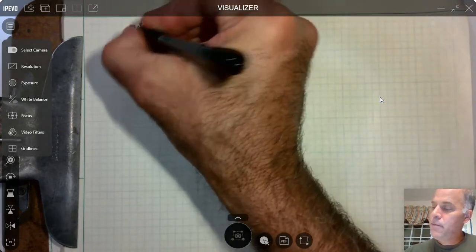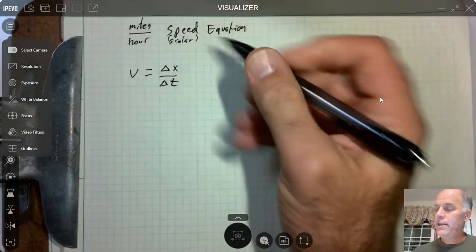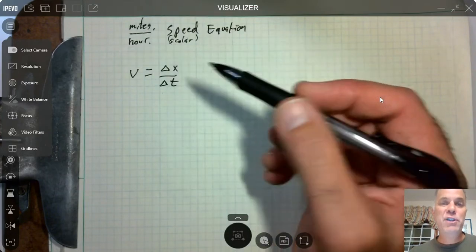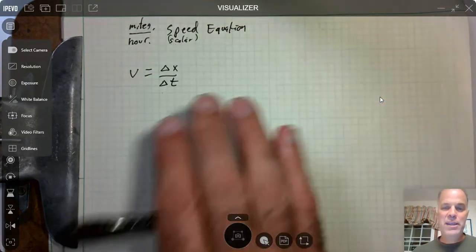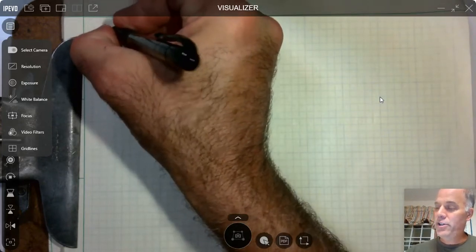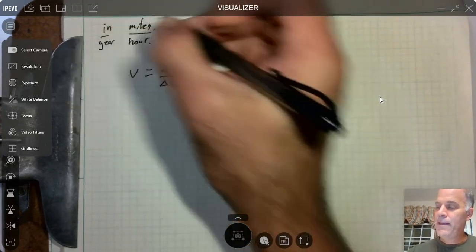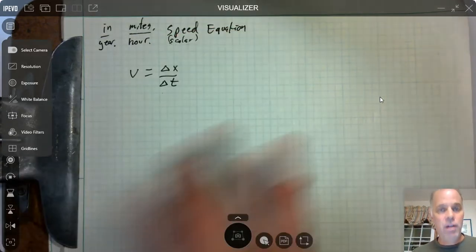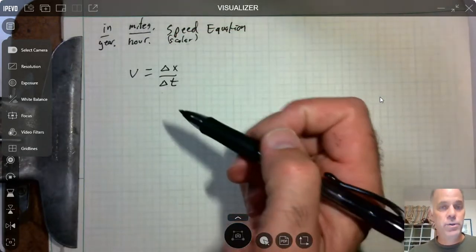Miles per hour. It is a distance divided by a time. How fast do your fingernails grow? Probably what, like 2 inches per year, right? 2 inches per year. It's a unit of distance divided by a unit of time. All speeds fall into those units.